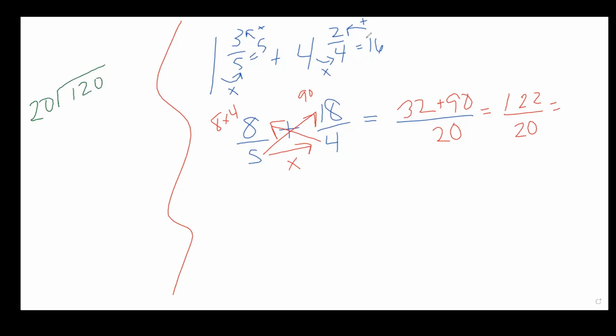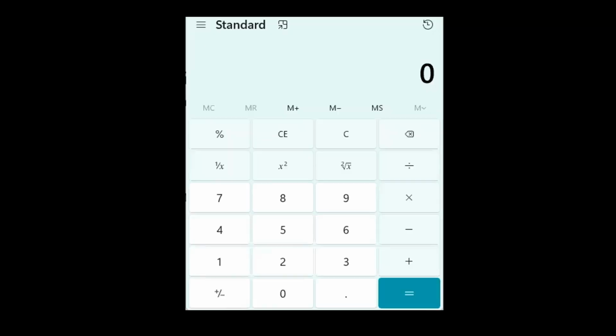You're going to use your calculator to show you what your whole number is. I put the wrong number, 122.